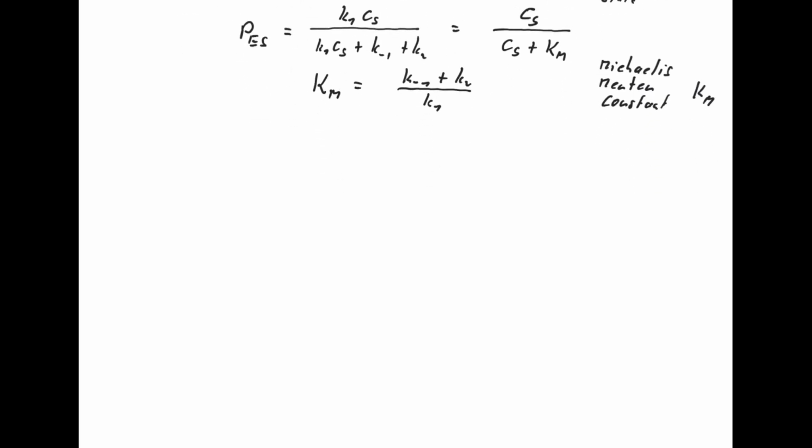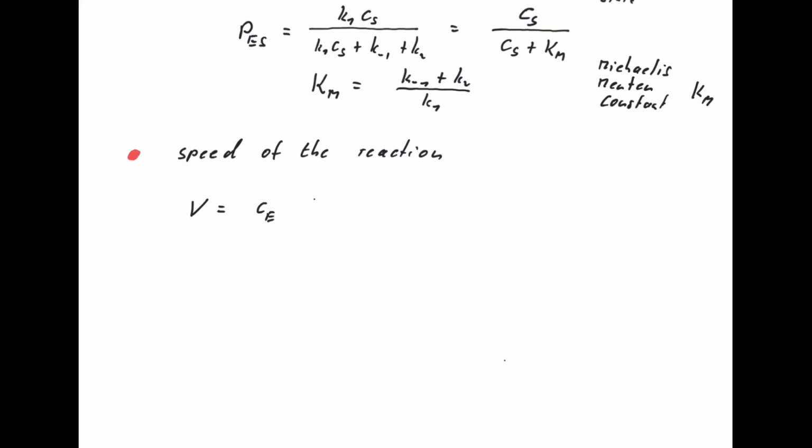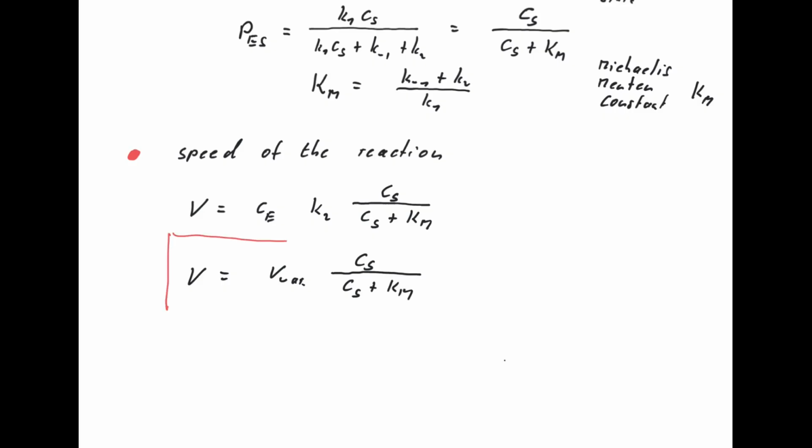From here again we can calculate the speed of the reaction, where the speed of the reaction is given by the concentration of the enzyme times K2 times Cs divided by Cs plus Km, or reformulating this, the speed of the enzyme is equal to maximum speed, Vmax, times Cs divided by Cs plus Michaelis-Menten constant Km.